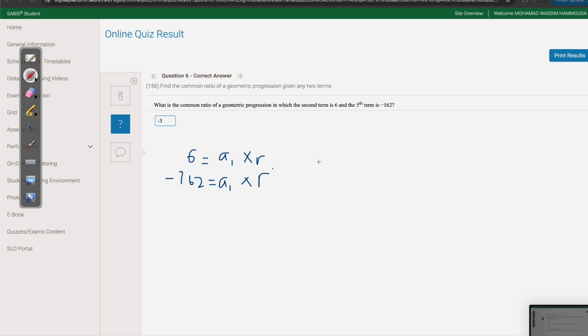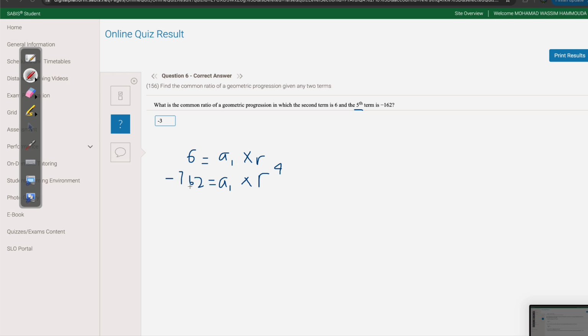Now, what we can do here, right? Oh wait, no, my bad. They gave the fifth term, so r to the power of 5 minus 1, which is r to the 4, right? So now what we can do here to get r, which is what we're looking for, we can simply divide both sides, right?